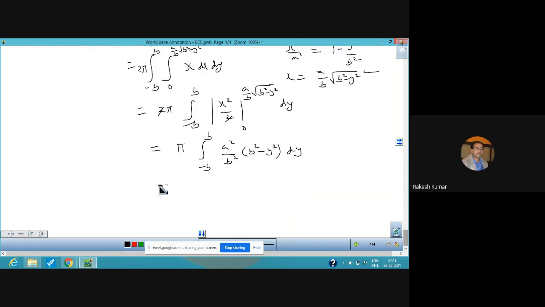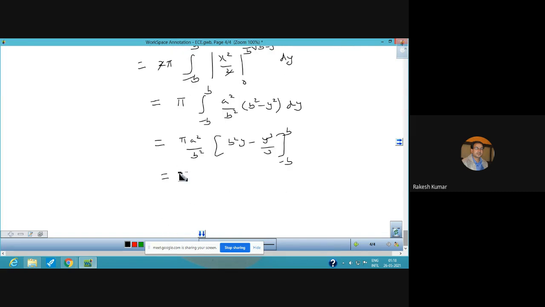Now you can integrate. So this is pi a square over b square. Integrate with respect to y and put the limits. When you substitute the upper limit, you will have pi a square over b square. Put b here, you will have b cube minus b cube upon 3, and for the lower limit we shall have minus b cube and minus minus plus b cube upon 3.